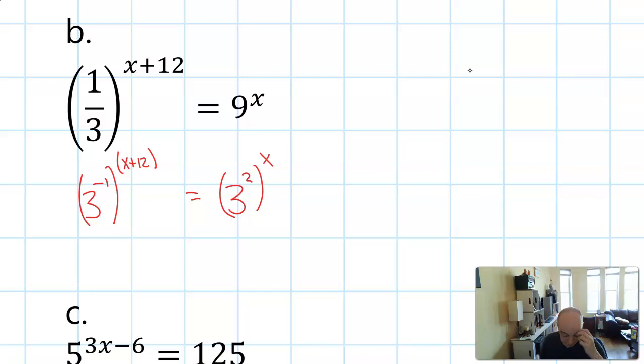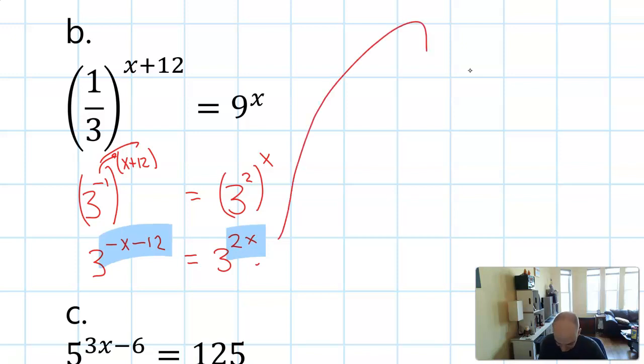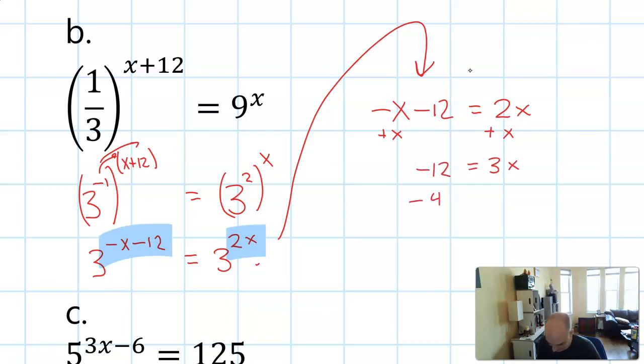We just went over the power of a power property, so this is the same as 3 to the negative x minus 12, distributing that negative 1 to both terms, and that's equal to 3 to the 2x. So we can now extract the exponents and solve this equation separately to figure out what x would make those expressions equivalent. Let's add x to both sides, and we're not going to move the 12 even though it's negative, because we get negative 12 equals 3x, so negative 4 would be x, dividing by 3.